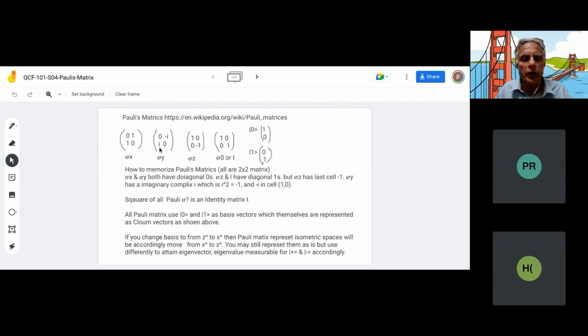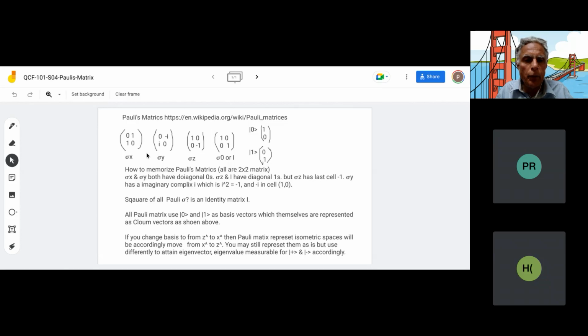This is minus i, i. Simple. In the same way, z is very much like identity. Identity has 1, 1, 0, 0. The identity matrix is very simple, diagonally all 1, which is very clear. But sigma z is nothing but that, except that instead of the second being 1, it will be minus 1. So 1, 0, 0, minus 1.